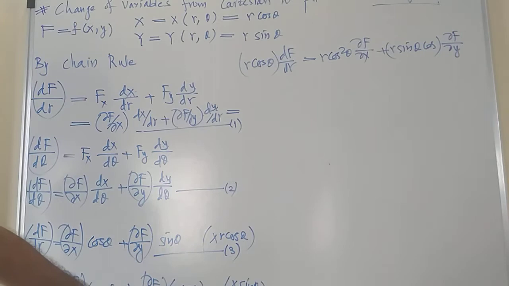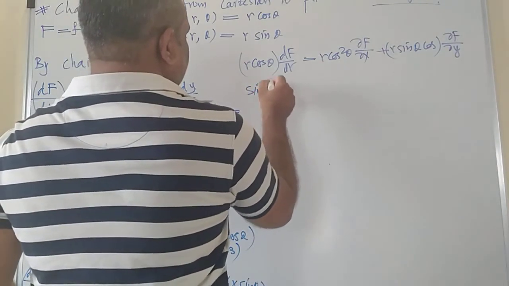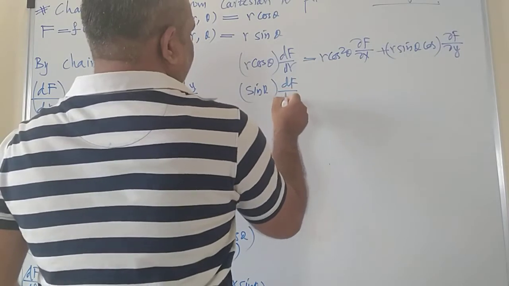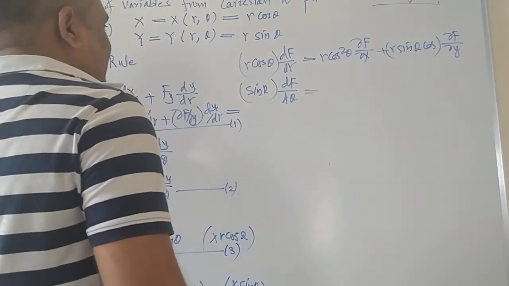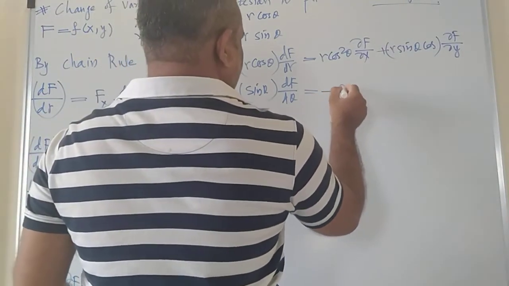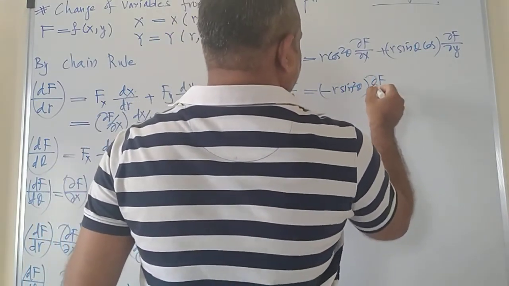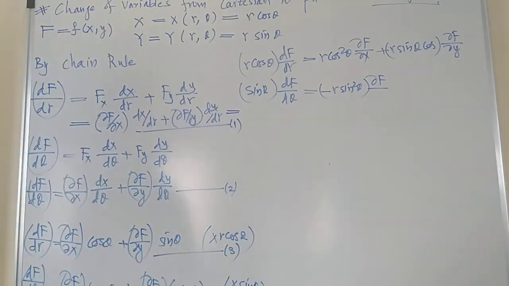Similarly, after multiplying equation number 4 by sin theta, you will get sin theta into df by d theta. This will give me minus r sin square theta into dou f by dou x, here must be dou x, no?